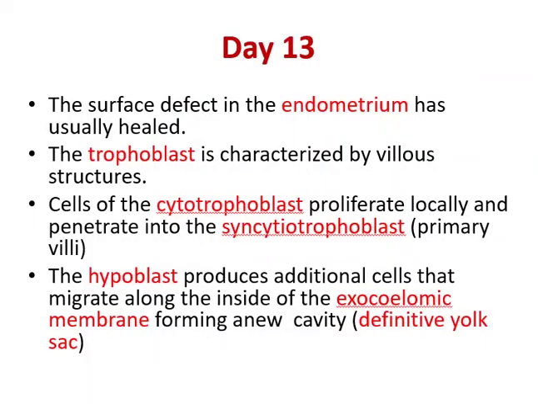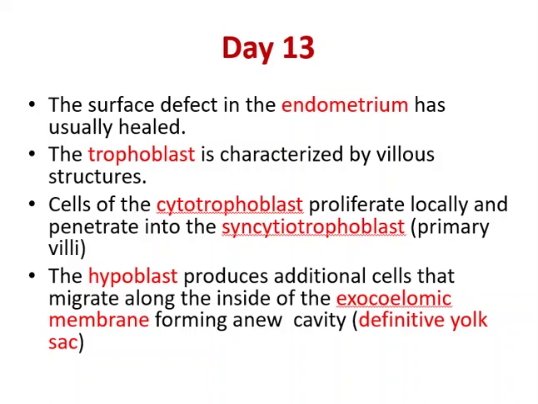In day 13, the surface defect of the endometrium is totally healed, and the trophoblast is characterized by a villous structure, which is called primary villi. The cells of the trophoblast proliferate locally and penetrate into the syncytium. That penetration forms these villi, which are called primary villi.